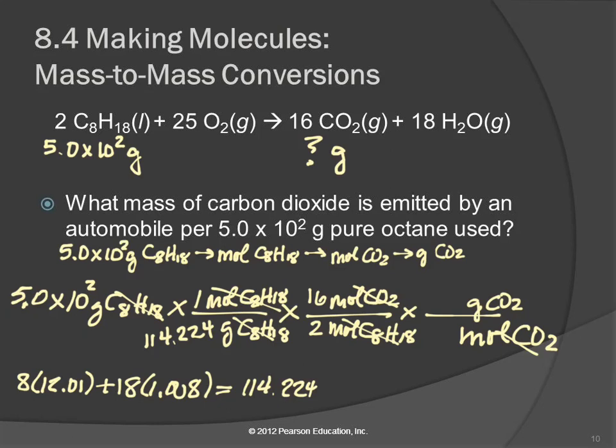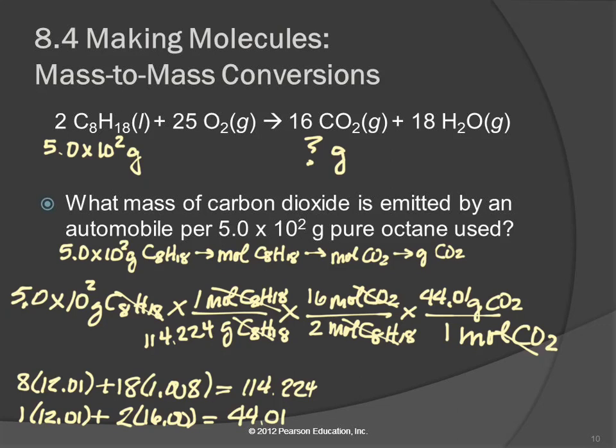And then we've got CO2, so that's 1 carbon and 2 oxygens, which is 44.01. So then over here, that number goes with the grams, and for 1 mole. Now you go left to right, top to bottom.